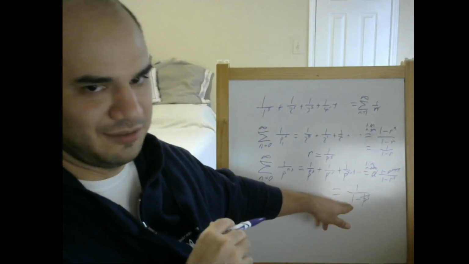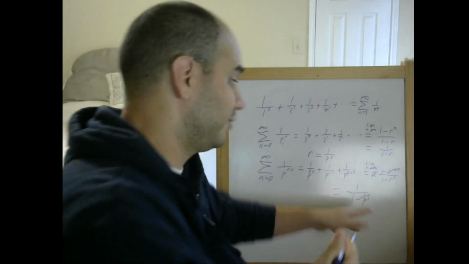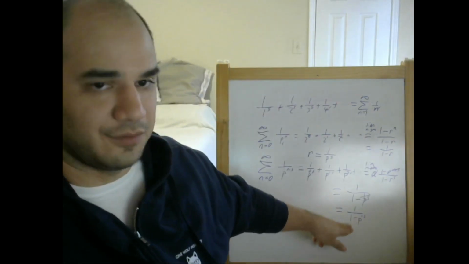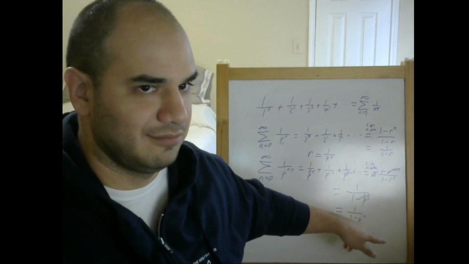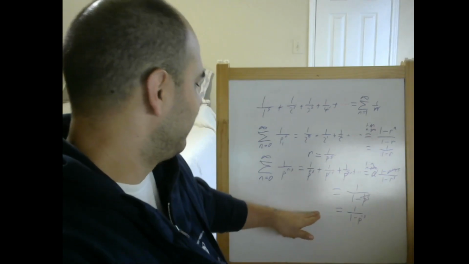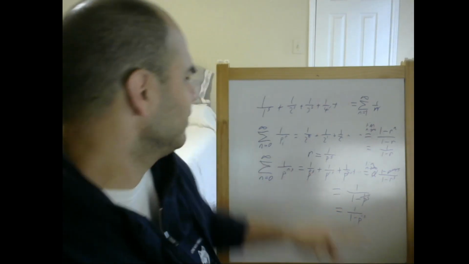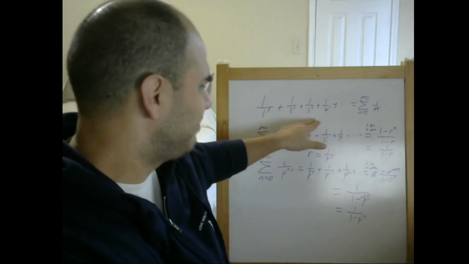So that's 1 minus 1 over p to the s, or we could rewrite it as 1 over 1 minus p to the negative s. Okay, and so that works for any prime. So how do we get back to this thing?